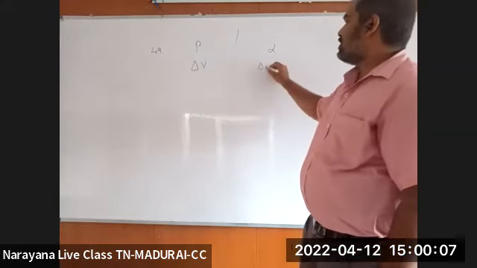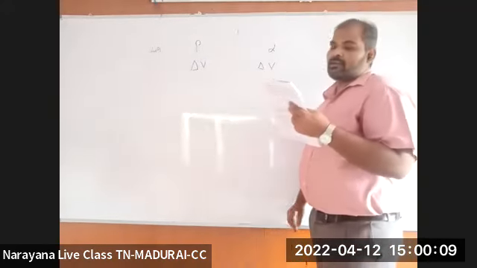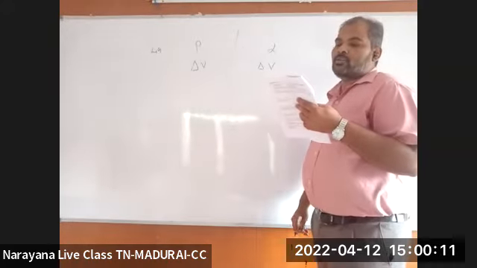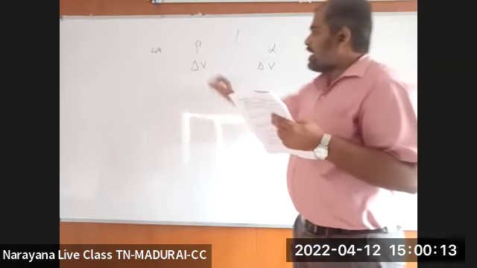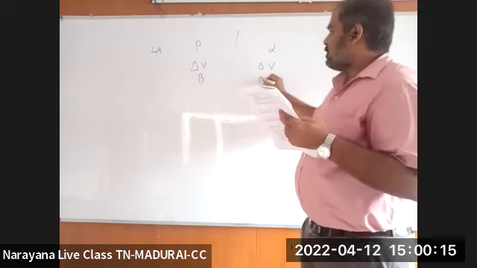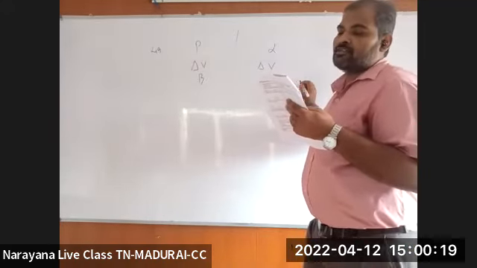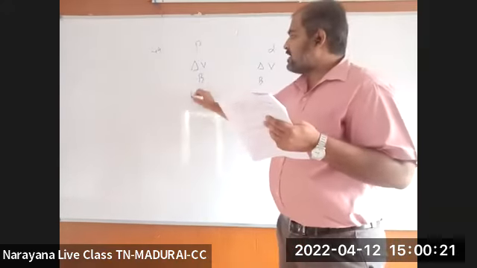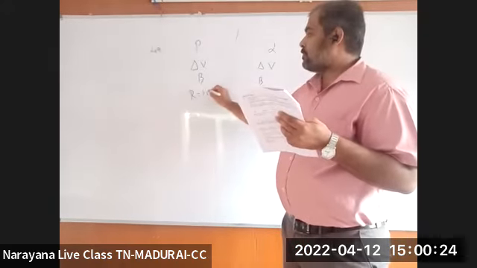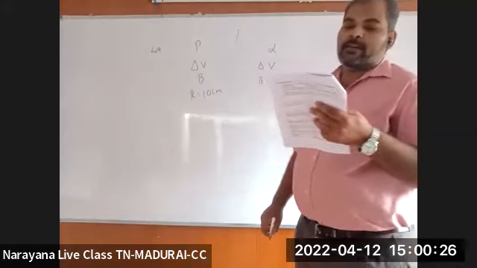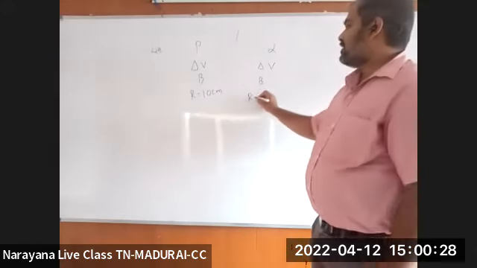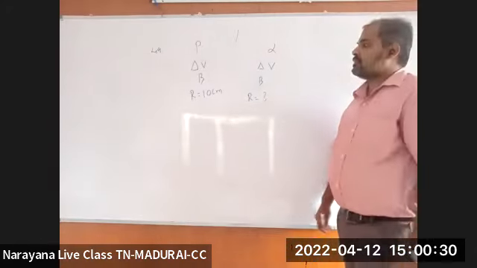Here also same potential drop will come, and entered into the same magnetic field, B and B. And if the radius of the proton's circular path, what radius is given for proton? 10 centimeter. You have to find the radius of the alpha particle.